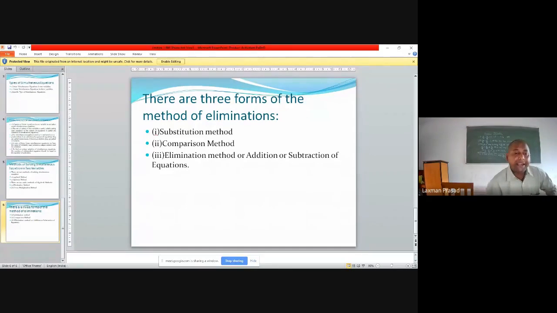And then comparison method. In this method, the same unknown, it means x or y, is expressed in terms of the other form.